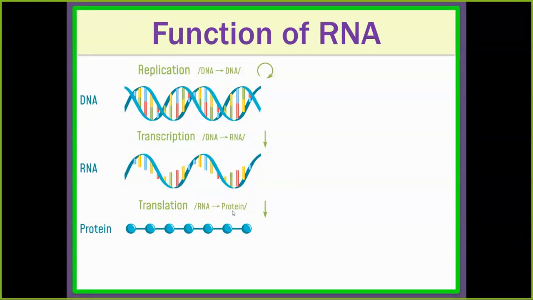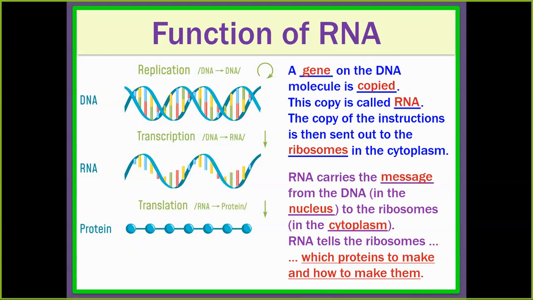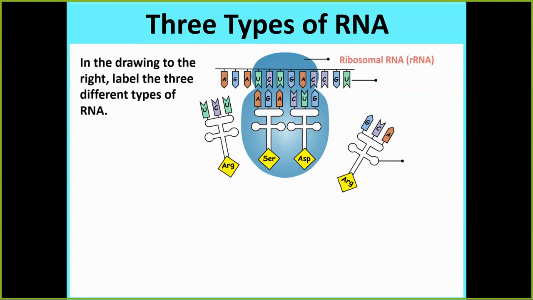Now, when we talk about transcription and translation, ladies and gentlemen, and again, this is from yesterday, we need to talk about the 3 different types of RNA. Oh, sorry, we already did this stuff. We have 3 types of RNA.